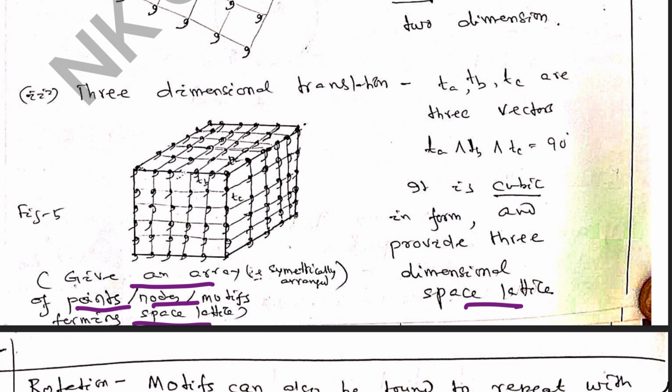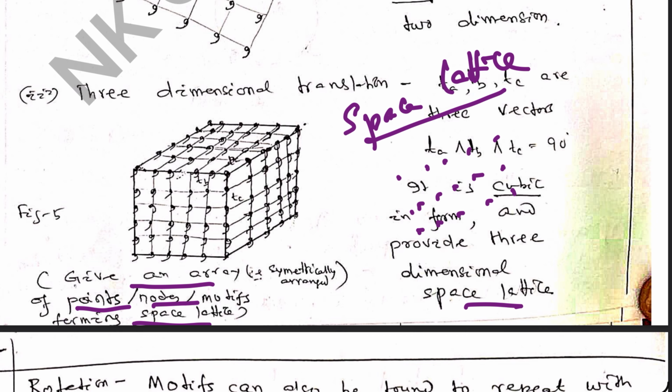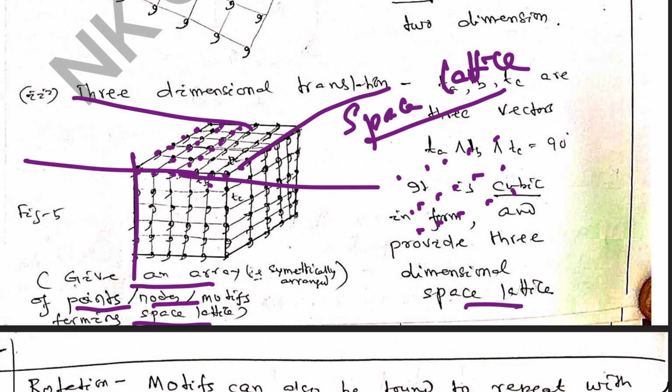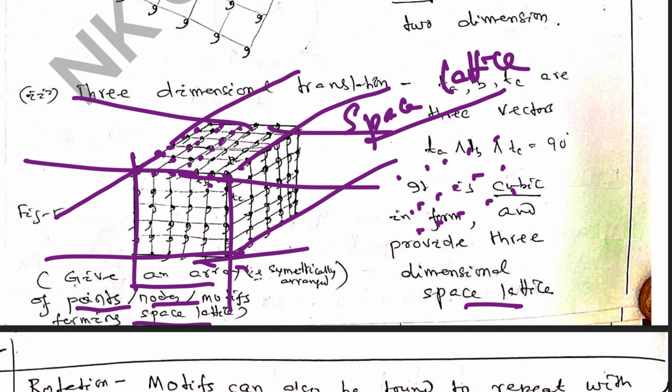What is a space lattice? A space lattice is simply an arrangement of points in three dimensions, as has been shown here. It is repeated in three dimensions, like this, and this is repeated in this manner.